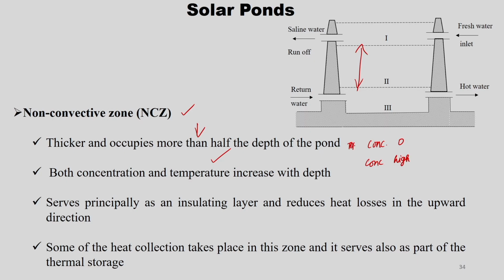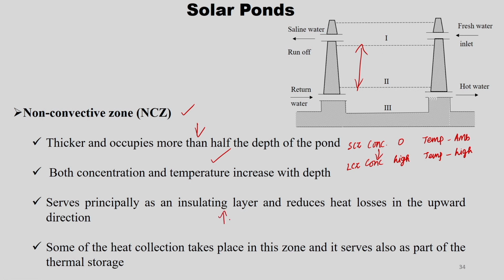This is the top, which is nothing but the surface convective zone, SCZ. The last one is the lower convective zone. So, the temperature and concentration increase. Here the temperature is ambient in the upper SCZ, and the temperature is higher in the bottom lower convective zone. So, in the middle it increases with the depth.